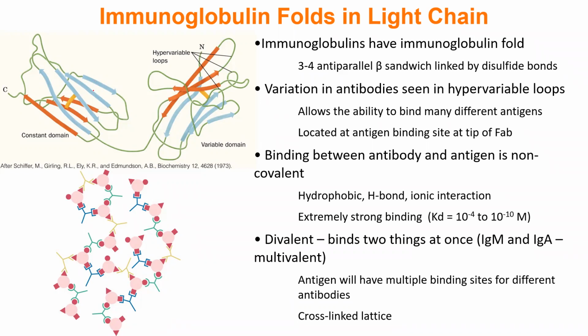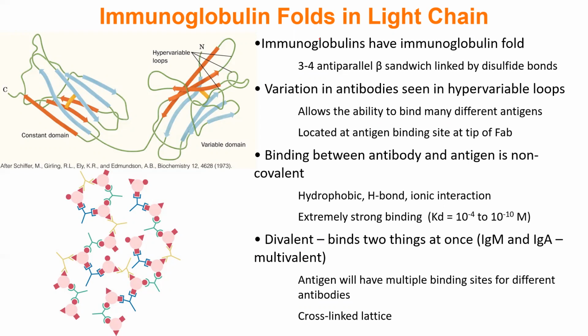And this type of fold is called an immunoglobulin fold. This type of fold is shown in all your antibodies. And if you ever find a protein with this type of fold, that's what the domain is called. This domain is called an immunoglobulin fold.